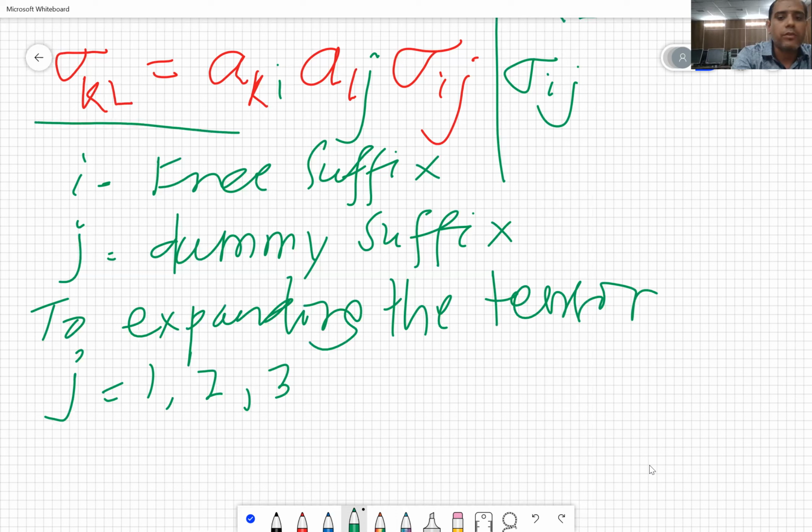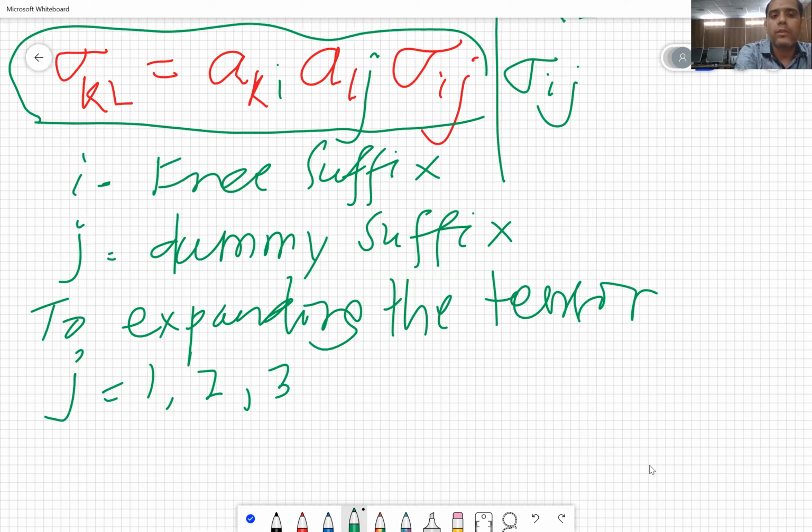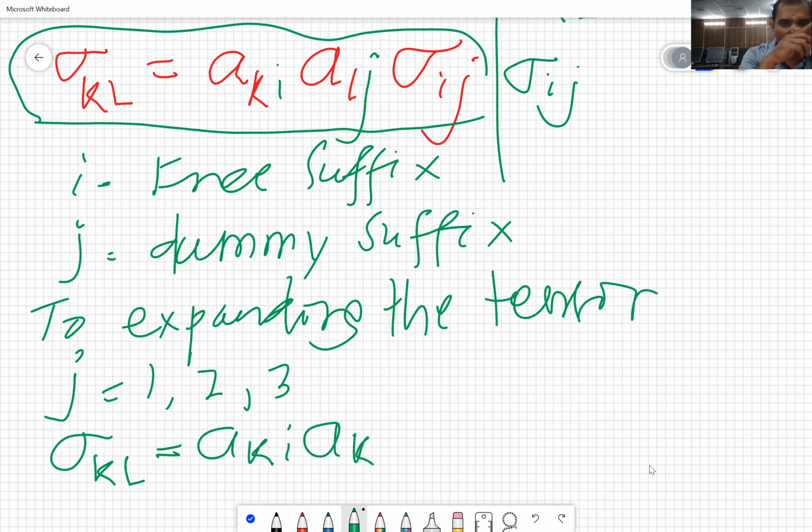This is the main equation. So here we will go for j equals 1, 2, 3. So the equation can be written over here. Sigma KL equals what? a KI. So here a KI is there. Then a K, sorry, a L.